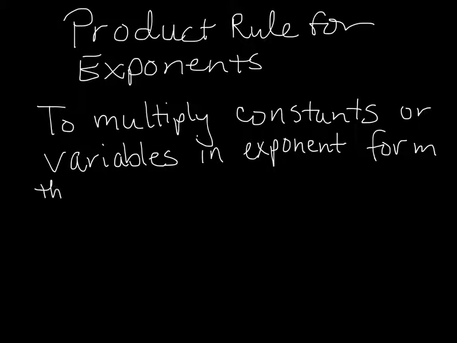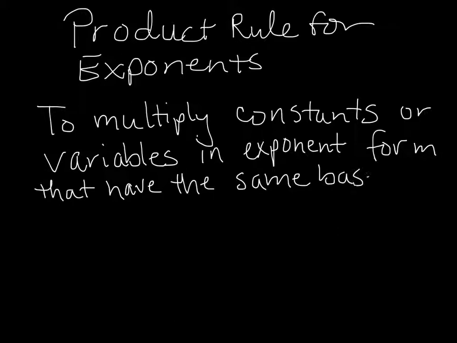that have the same base. And that's important. Same base, meaning that same number. Like in the other one, it was 3 squared times 3 to the third. So that 3 was very important. Or in the 5 version, 5 to the fourth times 5 to the third. The base is the exact same number or the exact same variable.